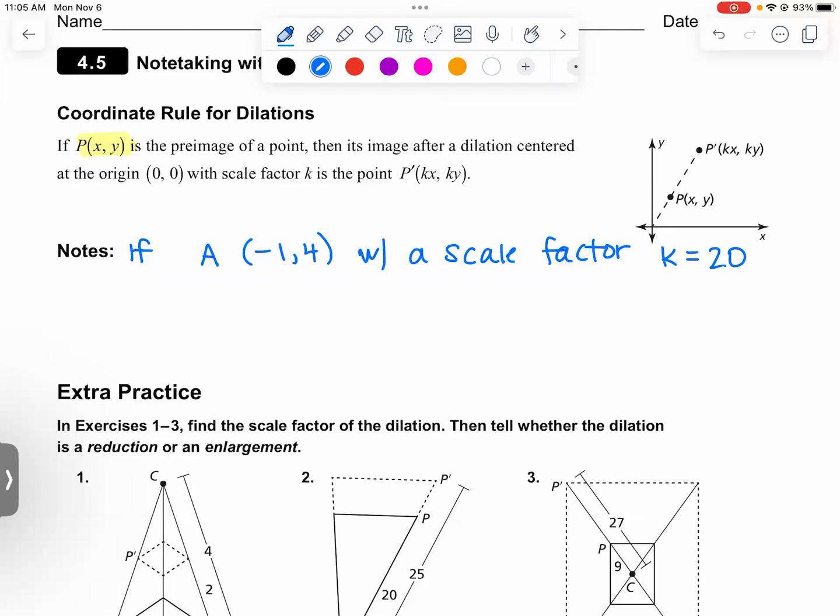A prime is our image. What are we going to do to -1? Multiply it by 20. What are we going to do to 4? Multiply it by 20. It's as simple as that. If the dilation is 20, we would do the same with B, C, and D, if there are any other coordinates.